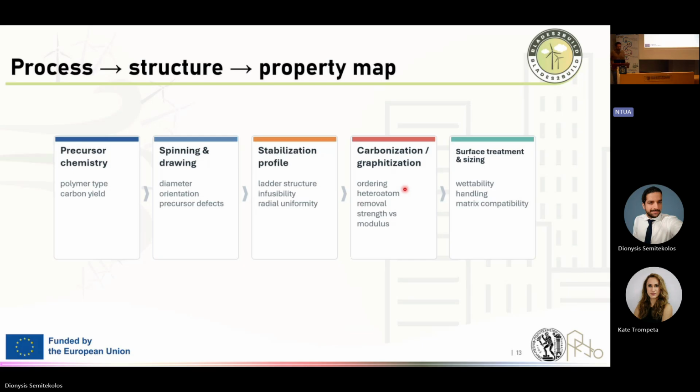It creates this ordering that we discussed, and it removes all the heteroatoms other than carbon. Lastly, the treatment and the sizing affect the wettability that we said, specifically treatment, and the handling through sizing, and both of them combine to determine the compatibility with the matrix.